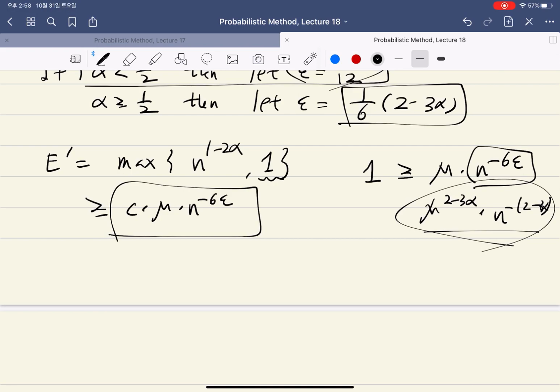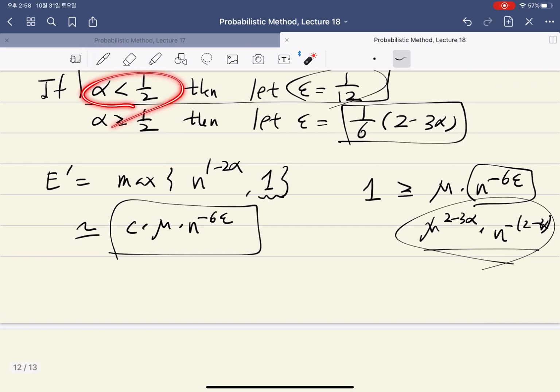Not just this, but we can actually say that this is roughly the same as this. Because if alpha is bigger than half, then this term dominates, and this term is roughly 1. And if alpha is smaller than half, then this term dominates.